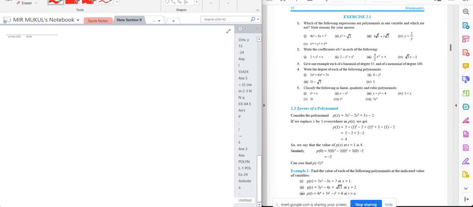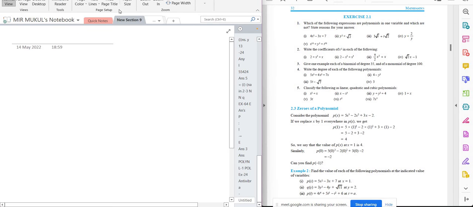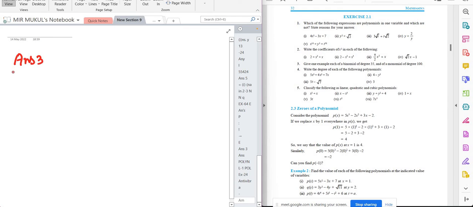Now third question. Give one example of each: binomial of degree 35.